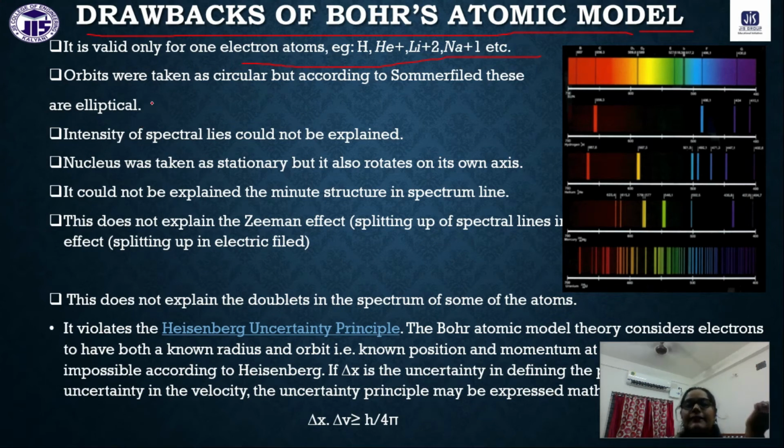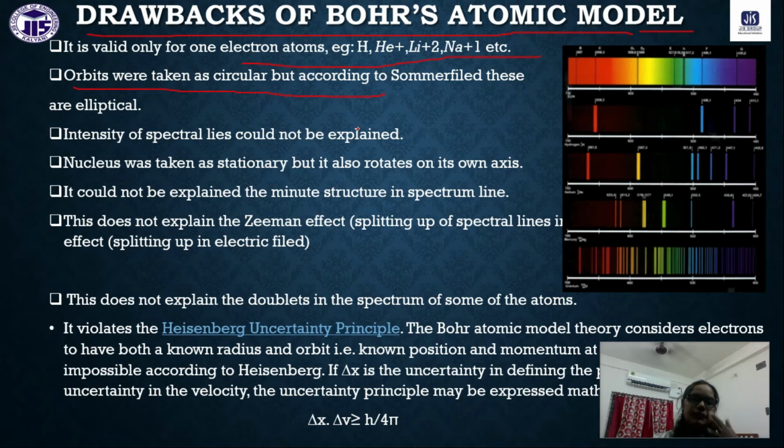Next, according to Bohr's atomic model, the electrons revolve around the nucleus in a circular orbit, but actually this is not the actual case.